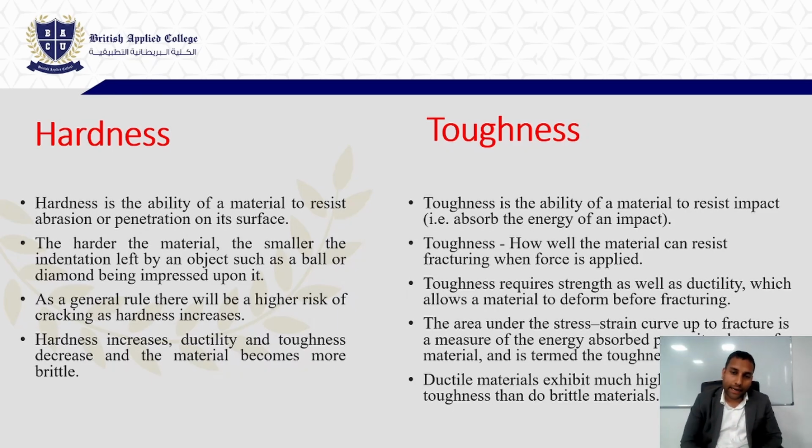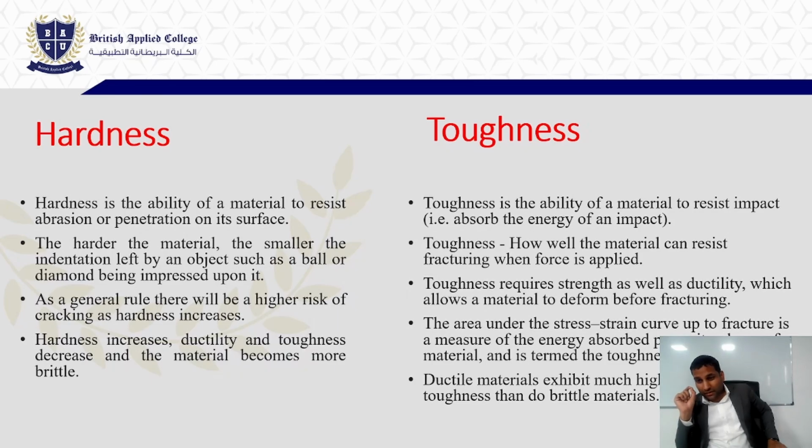So what we understood is that marble is harder than the metal, but the strength of that metal is more than the marble. That you need to understand. If you make a material more hard, it will become more brittle.